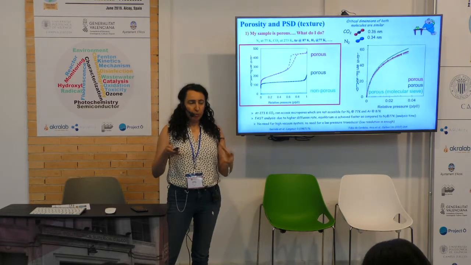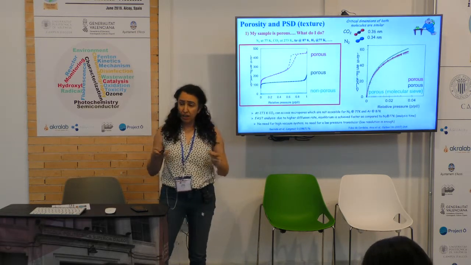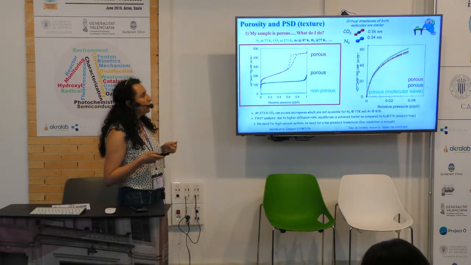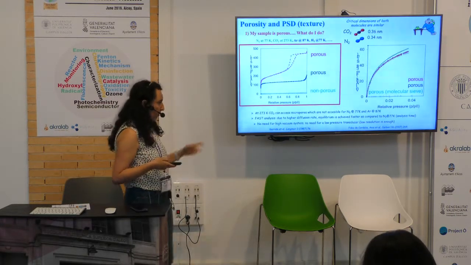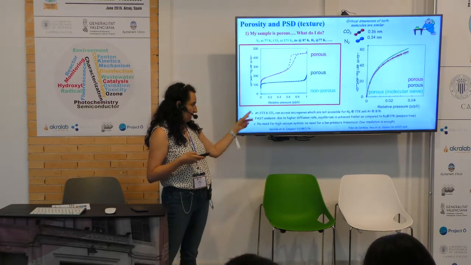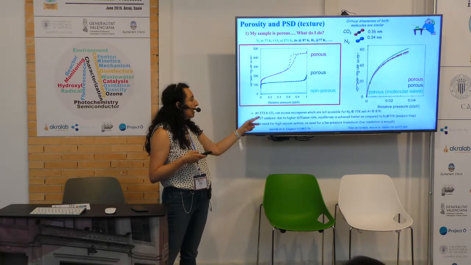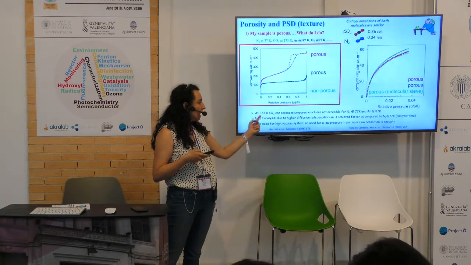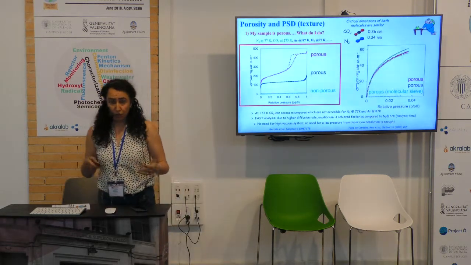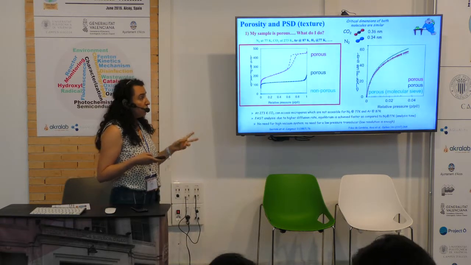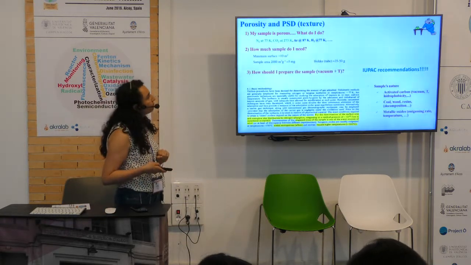And the voids will be accessible depending on the size of the gas that you use to measure them, but also on the temperature because of the kinetic implications. So here I will leave you also some tips on why this second analysis of CO2 at 0 degrees C can be interesting in order to discriminate whether your material has pores or not.